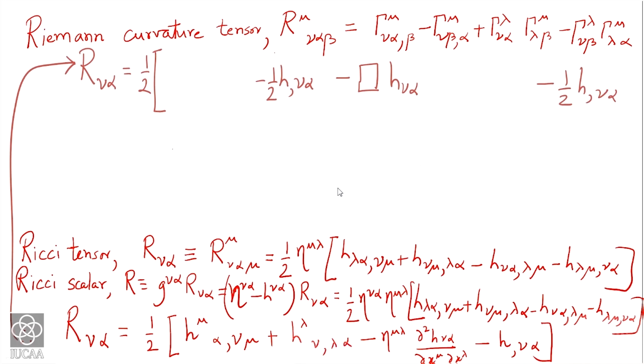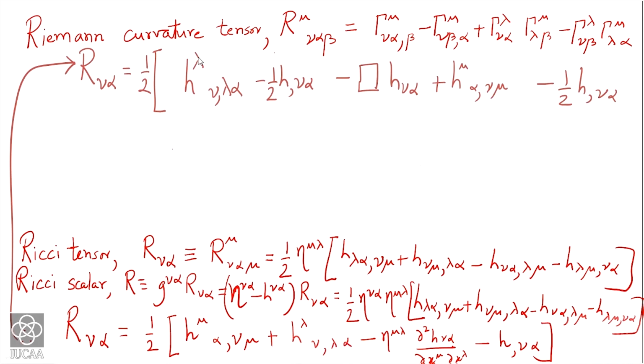Okay. So, I will first put this object here. So, h lambda nu comma lambda alpha. This I have already included, and this I will take to the other side, plus, note that this lambda is a dummy index, it can be made mu. Just because a new symbol is appearing does not mean much, because I could have redefined lambda to be mu.